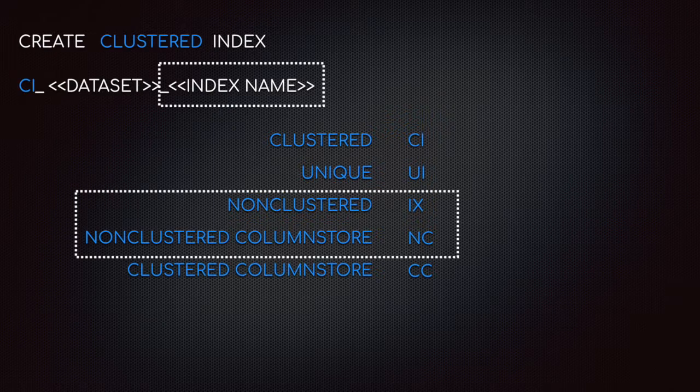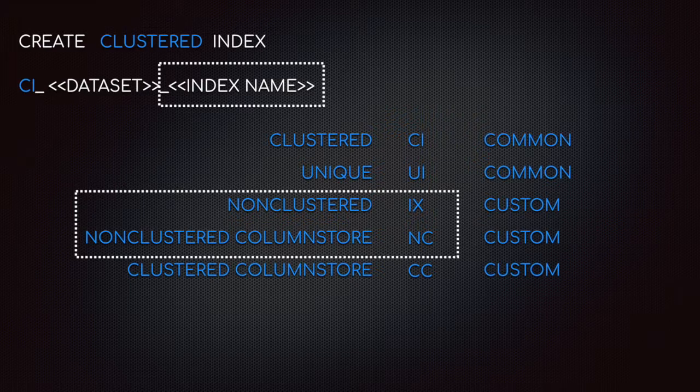And the index name really only exists on non-clustered indexes, so we're going to bypass that entirely in this episode because non-clustered and cluster column store indexes are really custom indexes. We can only have one clustered index, and there are more row-based clusters than column store clusters, so we're going to mark those as custom.